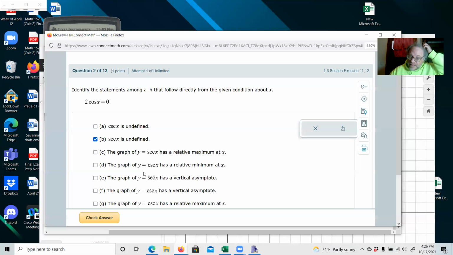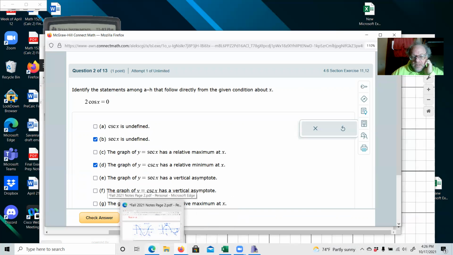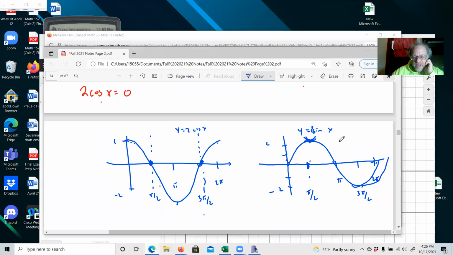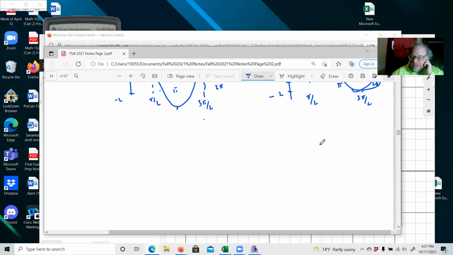Again, cosecant has a relative minimum at x. That actually is true, because the cosecant looks like sine. Is it a relative minimum? I don't like the fact that they do this to you. Sorry, I really don't. Where cosine was equal to 0, the area around the graph for cosecant here looks like that, right?